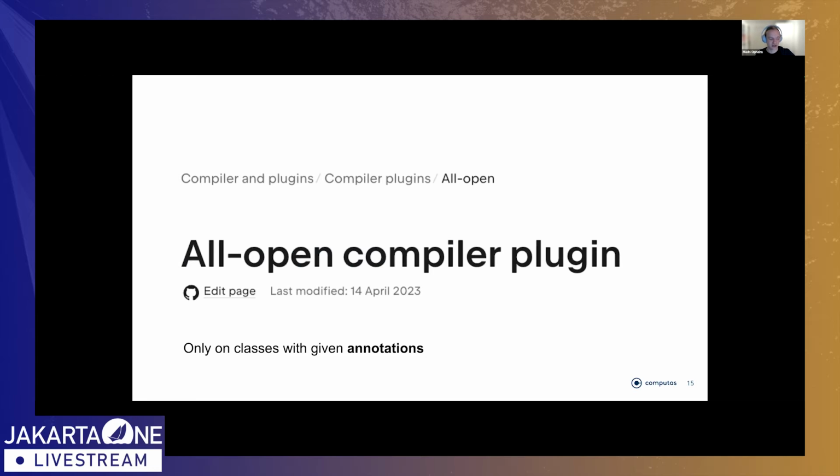Open for extension, that is. So that means that you can say that I want everything that's application scoped or request scoped, or those scopes that you'd use for CDI, to be open for extension, whereas you maintain the original Kotlin functionality that classes are final by default, which you typically want on everything else.